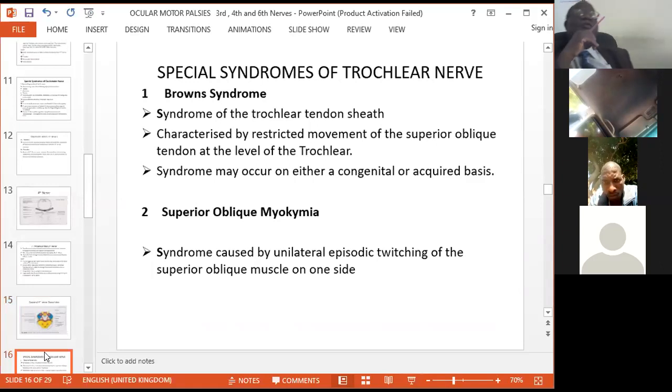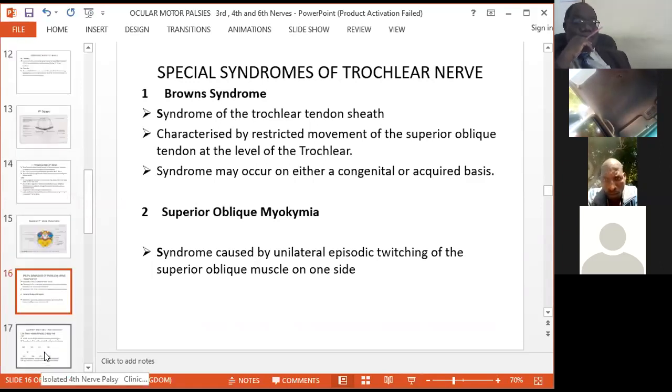Special syndromes of the trochlear nerve. Brown's syndrome. It's a syndrome of the trochlear tendon sheath characterized by restricted movement of the superior oblique tendon at the level of the trochlea.